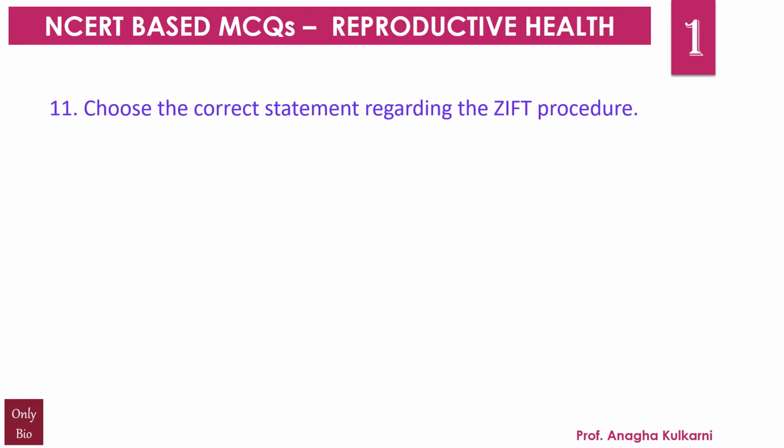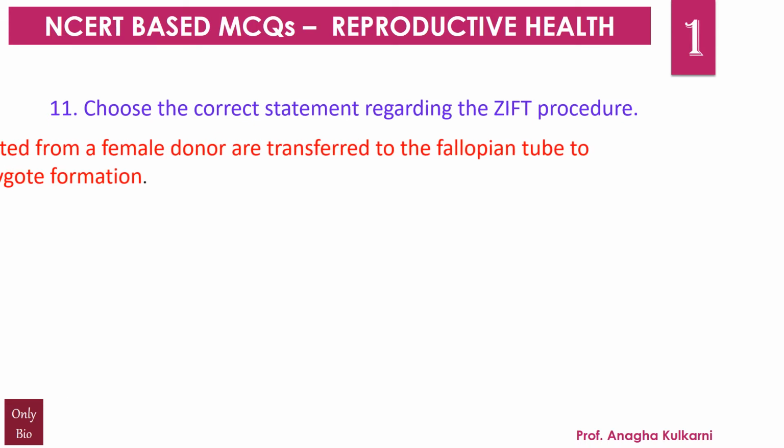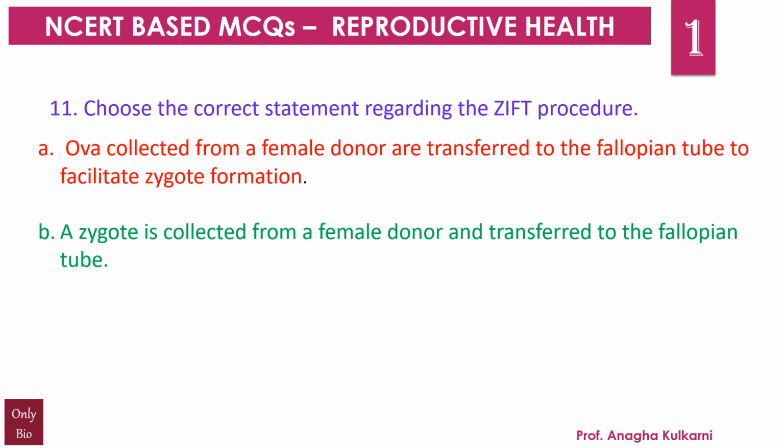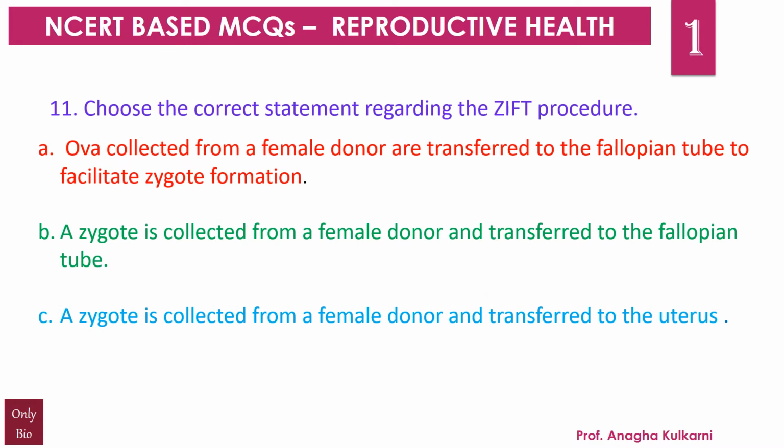Question number 11. Choose the correct statement regarding the ZIFT procedure. A. Ova collected from a female donor are transferred to the fallopian tube to facilitate zygote formation. B. A zygote is collected from a female donor and transferred to the fallopian tube. C. A zygote is collected from a female donor and transferred to the uterus.